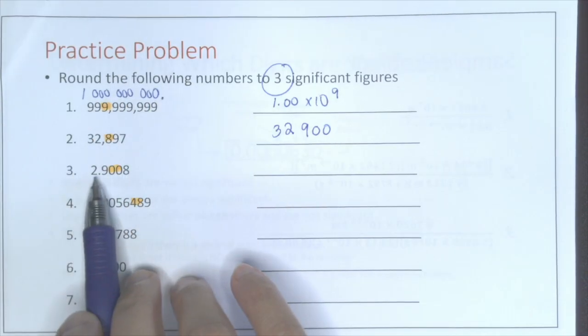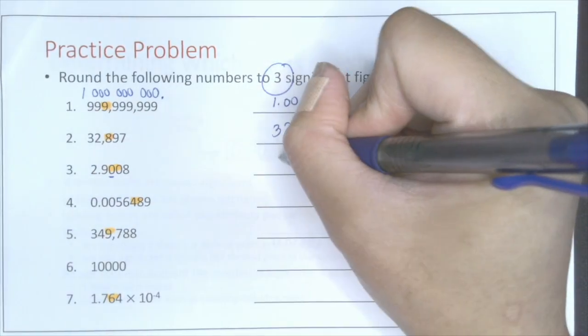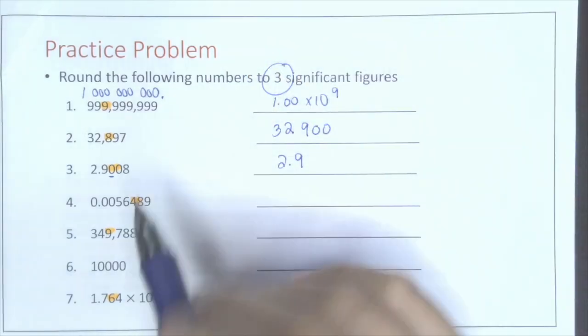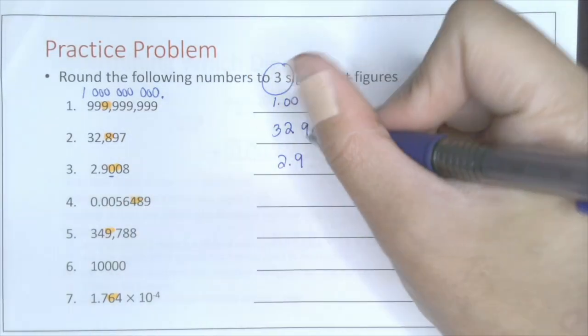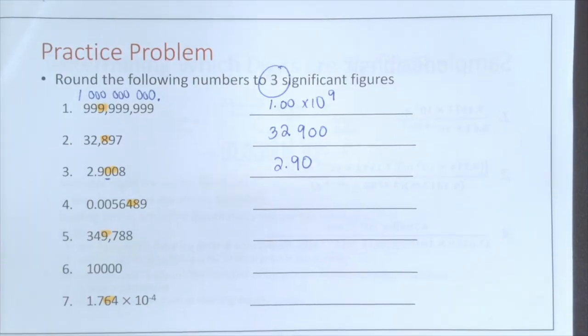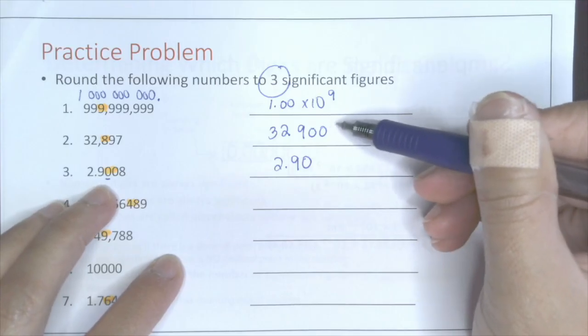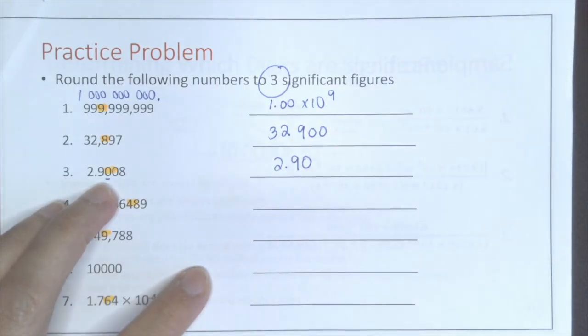Okay, we have 2.90, and it's actually this 0 right here. So we have 2.9, and because it's just a 0 next to it, it would just be 2.90. Now what happens if we do the same thing with what we did on top? Turn everything into zeros.